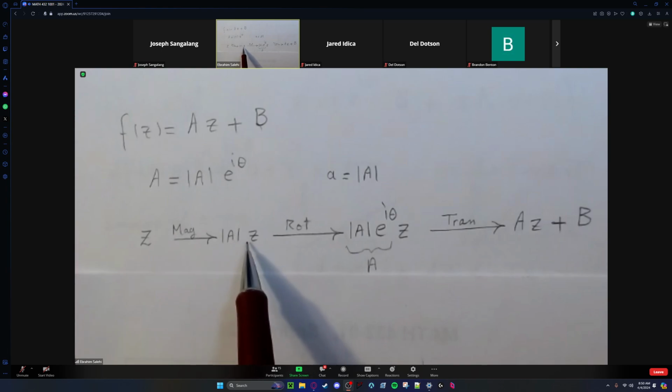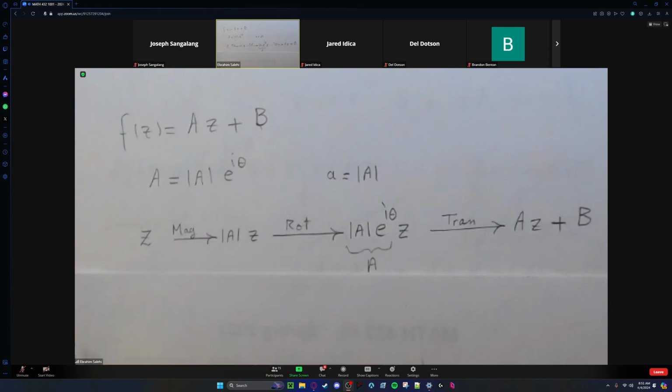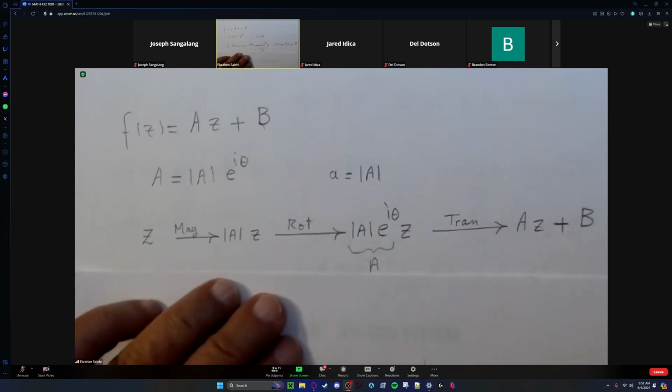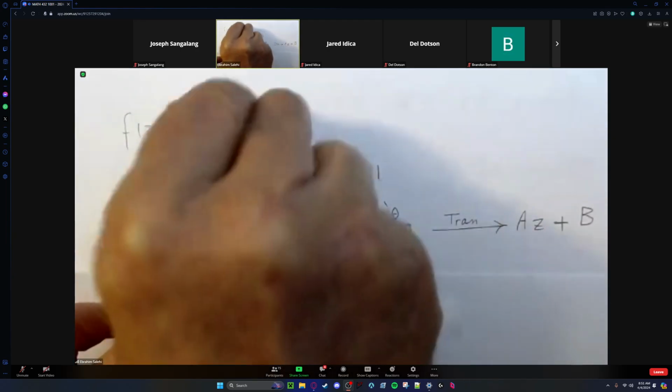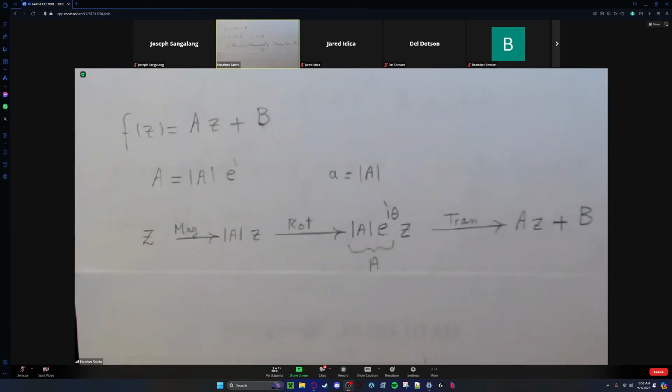This is called magnification in general. Then you multiply by e to the, well, I better say alpha to be consistent with previous notations.